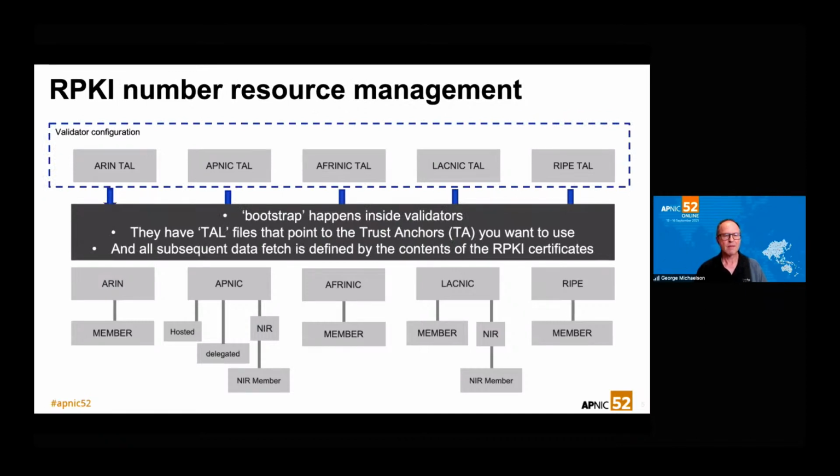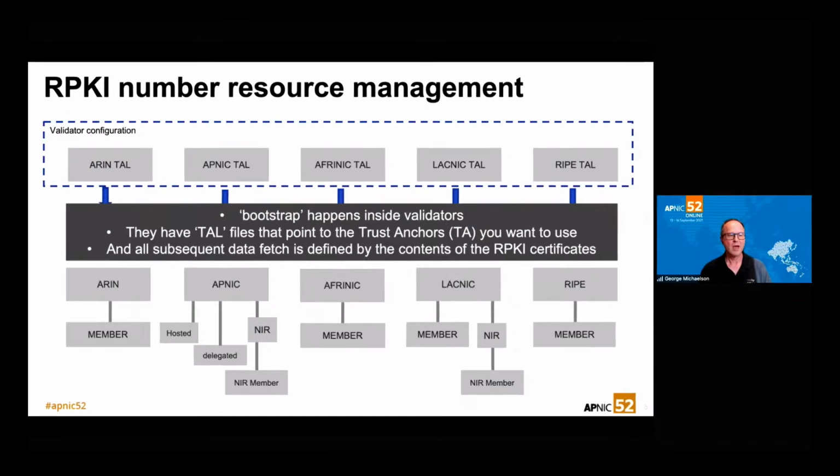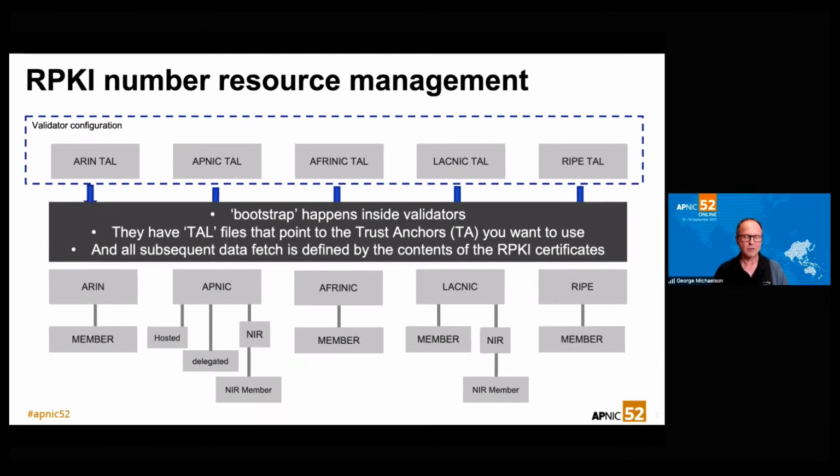Bootstrapping, that's how clients start up and come into the RPKI world, takes place inside the software that we call validators. And they use the TAL files, the Trust Anchor Locator files, to fetch the TA, or Trust Anchor, for each RIR. And everything which follows in RPKI comes from this initial configuration step.